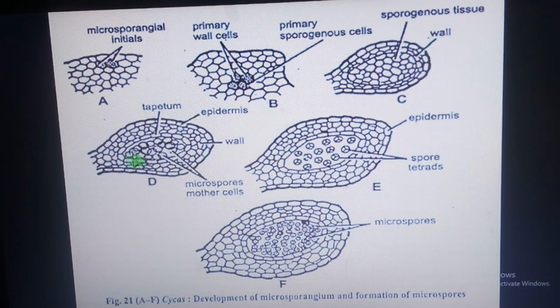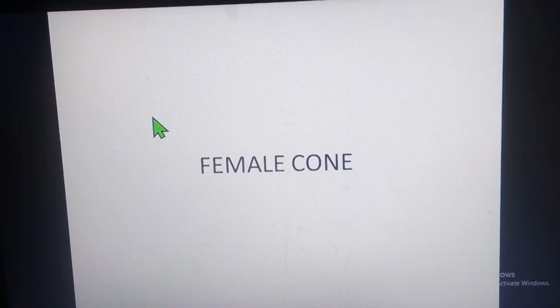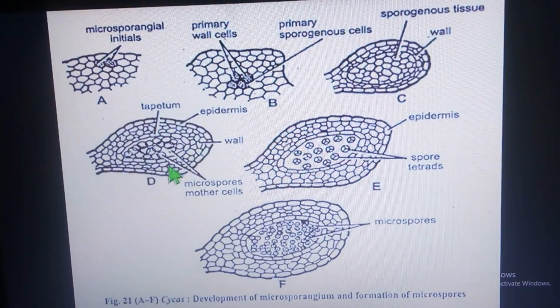Now here, if we take a look at the sporogenous tissue, the outermost layer of the sporogenous tissue will form the tapetum. That is, the tapetum is a specialized layer of nutritive cells, which will provide nourishment to the cells.